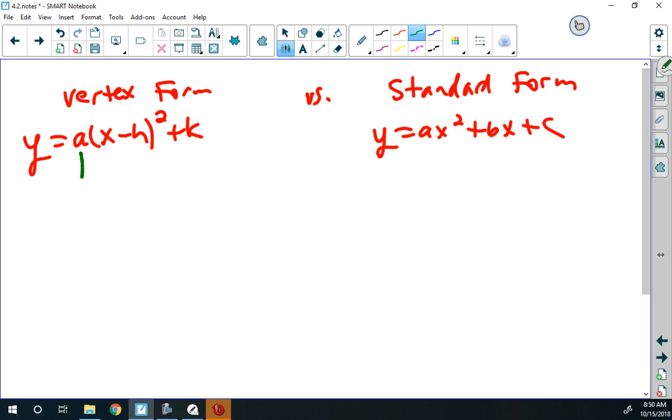And I'd like to point out that the a's here are the same. The a in vertex form and the a in standard form have the exact same effect on the whole thing. What's that mean? It means if a is positive, the graph opens up. If a is negative, the graph opens down. If a is bigger than 1, then the graph is a vertical compression.